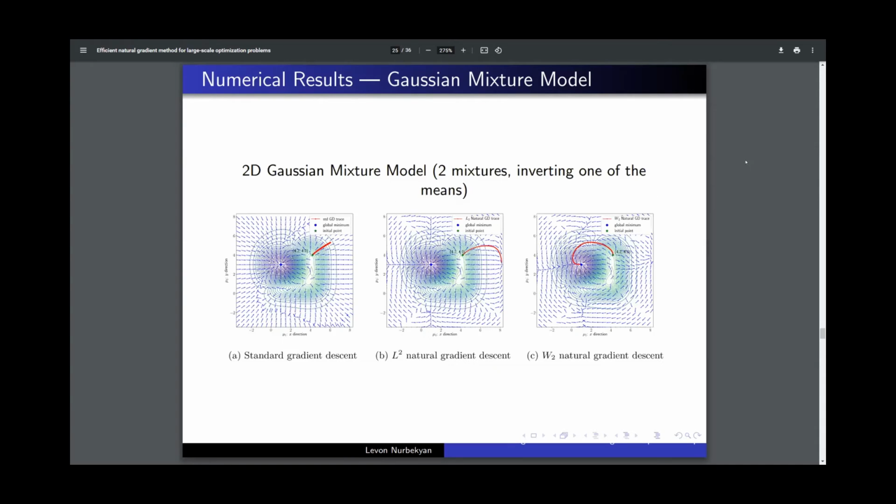This is very amazing. That figure is very impressive: in the very beginning it completely changes the direction, and it still gets back to the global minimum. Yes, this phenomenon is very interesting to analyze and understand. Very impressive.